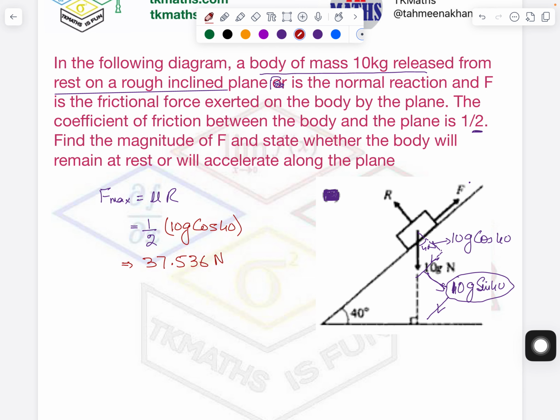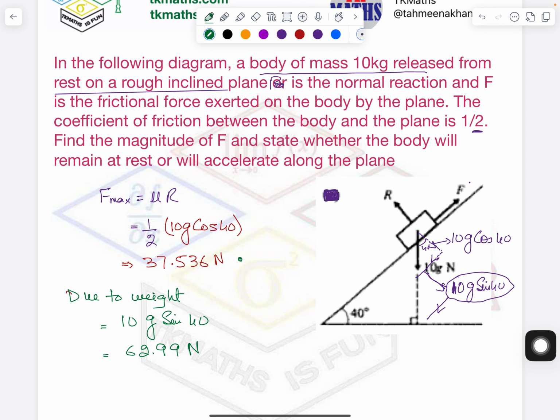Now we have to see what is the force due to weight. Though it is given, let's convert it into decimal. That is equal to 10g sin 40. Just a second, let me check here. So 10g sin 40 is equal to 62.99 Newton.